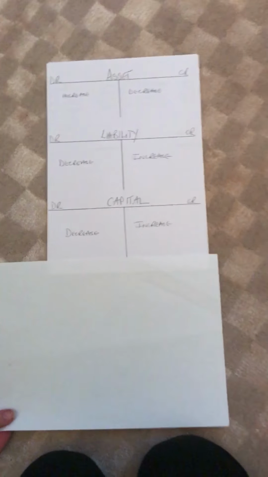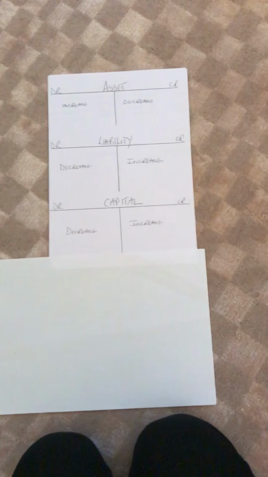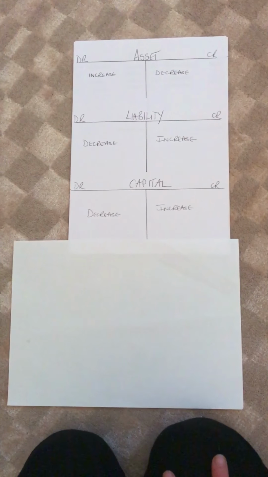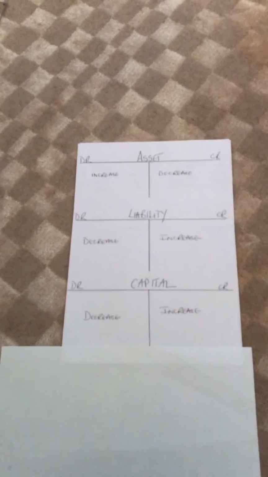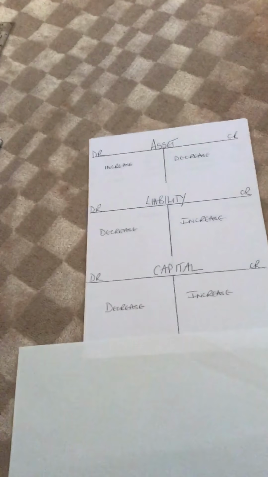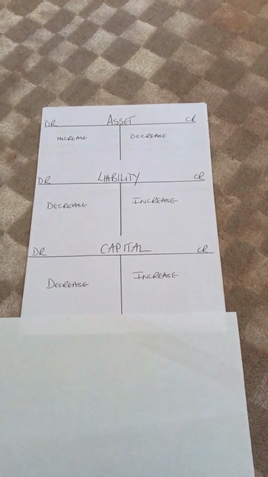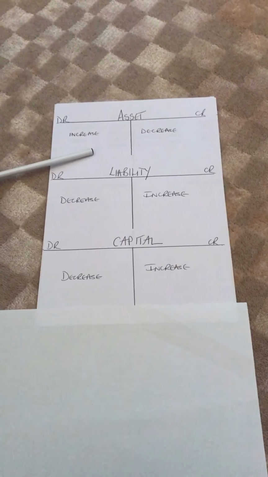Capital is our last account. Because it is what we owe the owner, then capital account works the same way as a liability account. For instance, if the owner puts £100 into the bank, the asset of bank has increased. We would debit the bank.